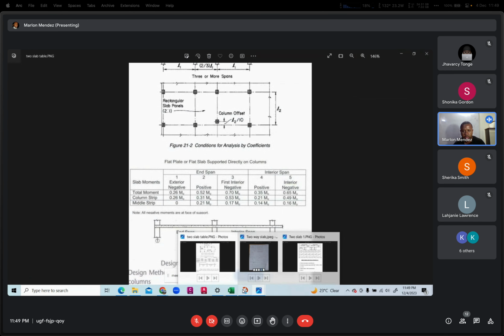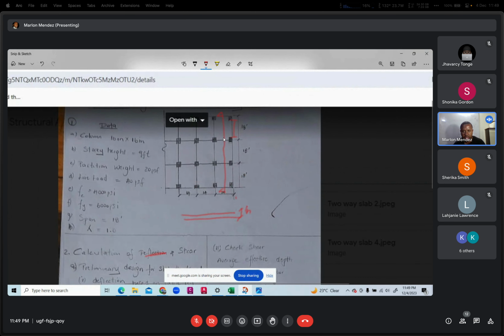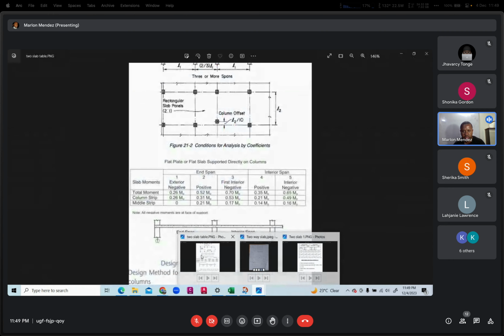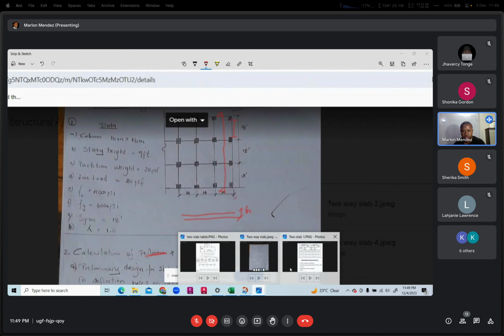Meaning, let me go back to this. So if you're looking at this, you look at the negative, then you look at the interior. What this table doesn't have, let me show you something.